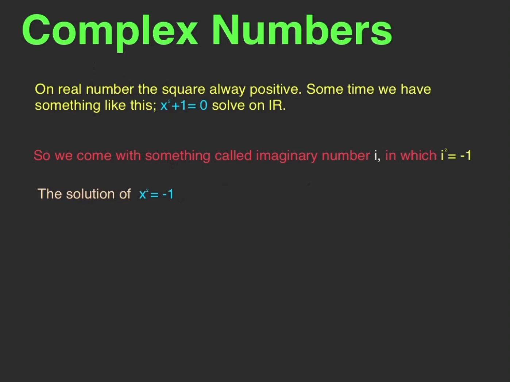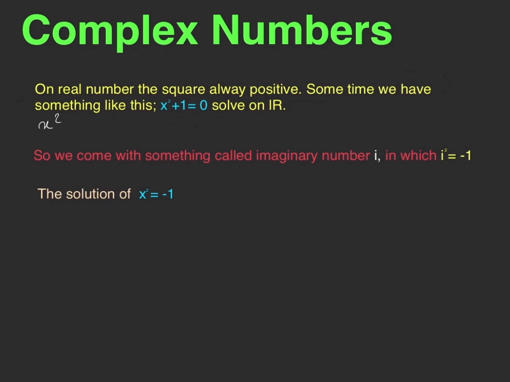We know the square of a real number is always positive. So sometimes we have an equation, for example like this one here, that is very hard. It actually has no solution in R. So let's try to solve it and see what it gives us.